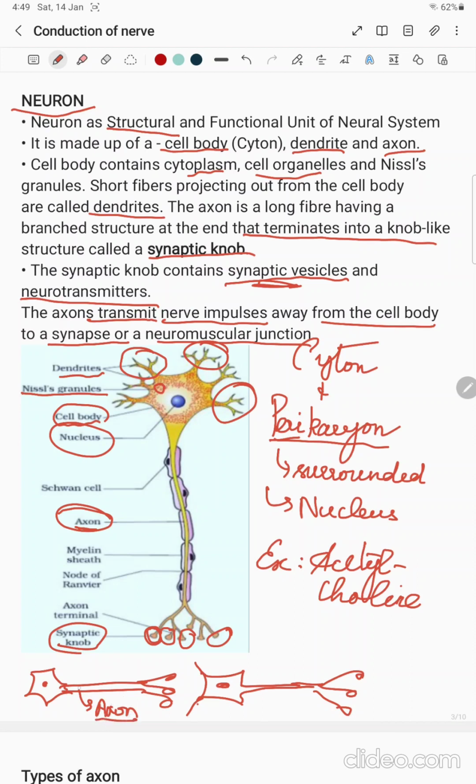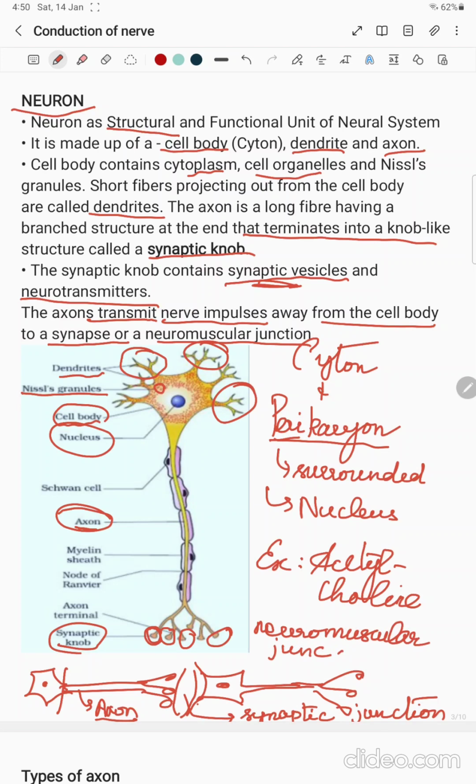This axon transmits electric signals away from the cell body to the synaptic junction. The space present between two neurons is called the synaptic junction or neuromuscular junction. Where two neurons meet each other, that space is called the neuromuscular junction or synaptic junction.